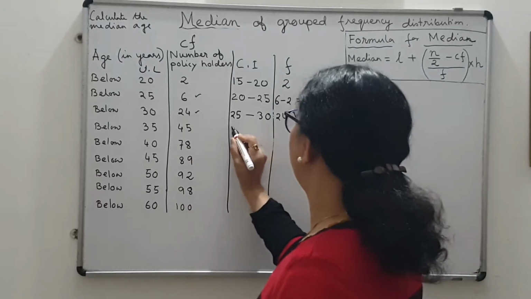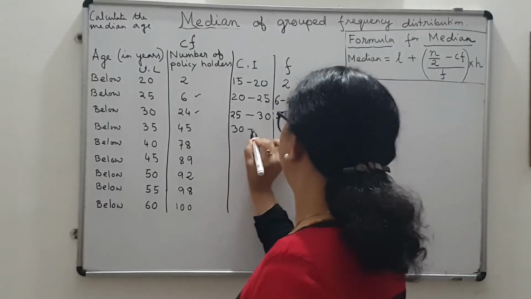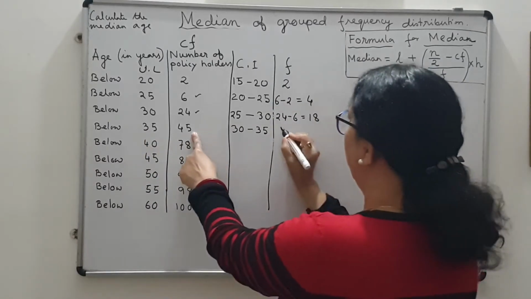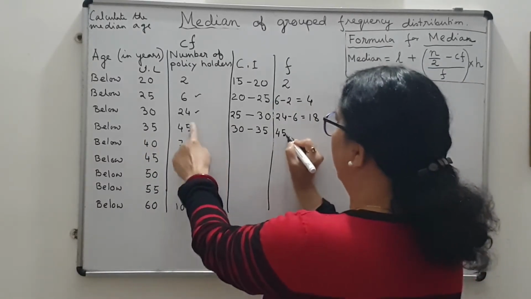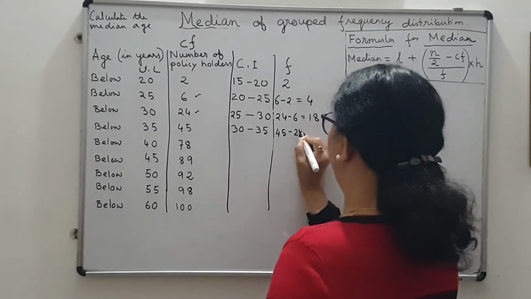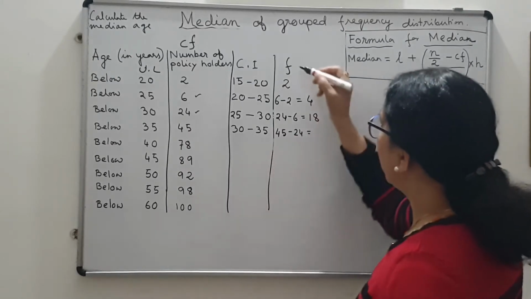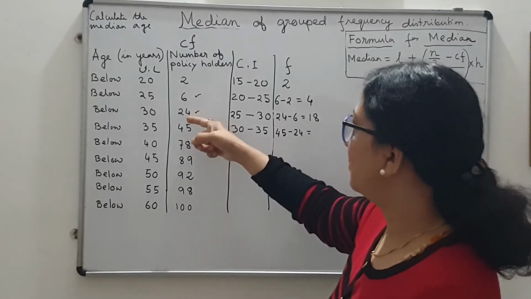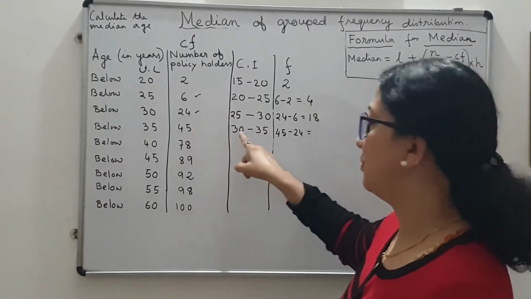For the next class it will be 30 to 35. Below 35, again 45. So I have to subtract 24 from 45. So how are we getting the frequency? By subtracting the cumulative frequency of the previous class from the cumulative frequency of the class.